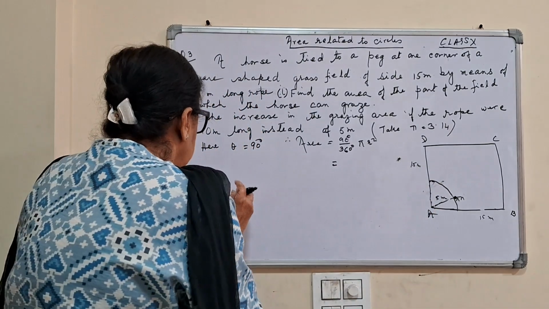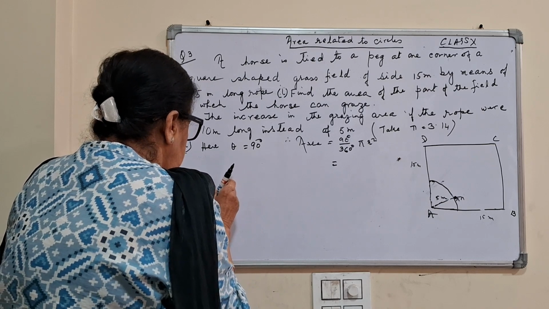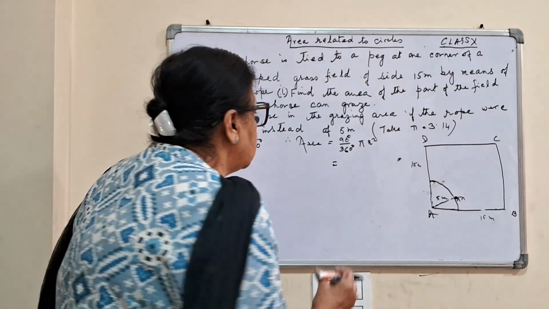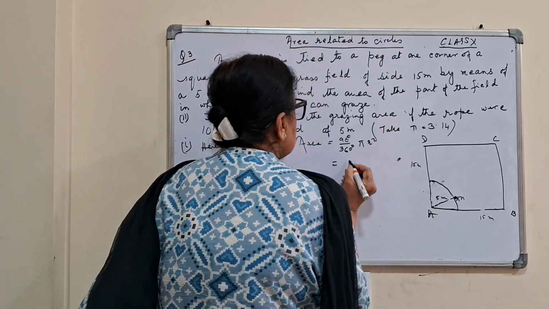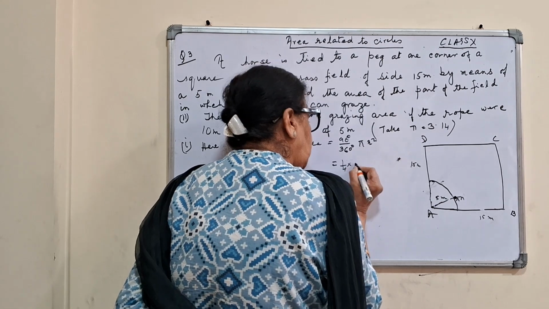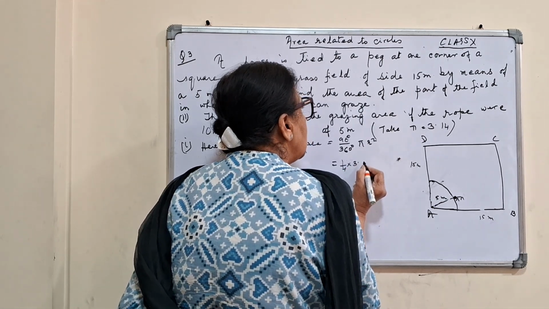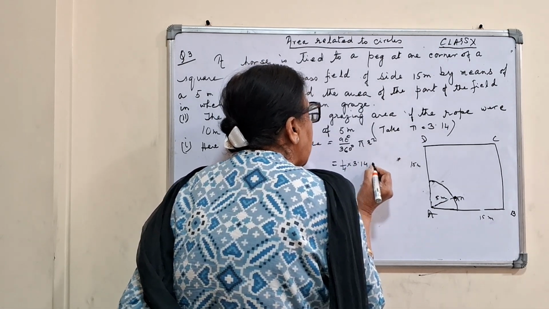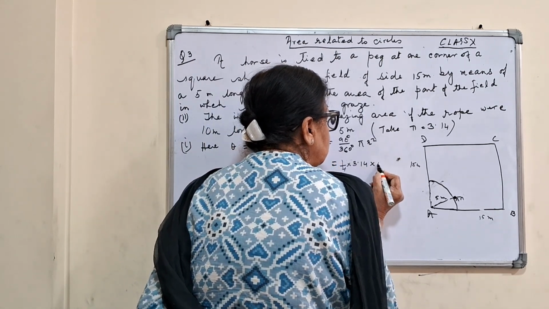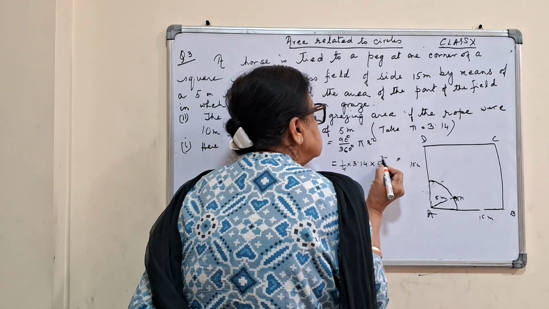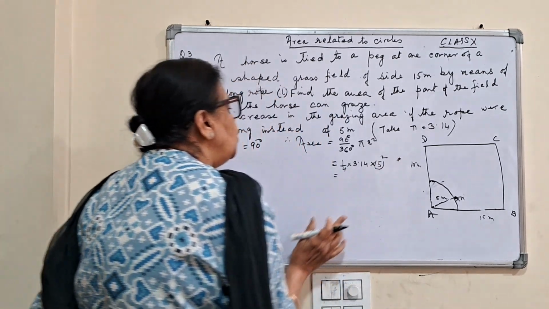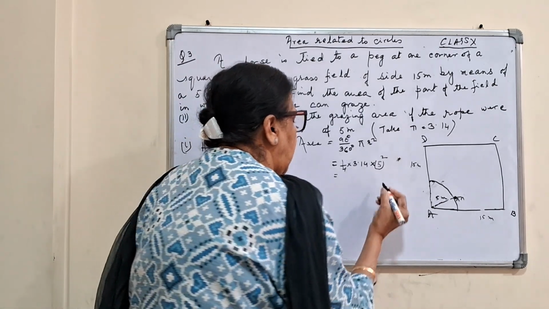We know that this is the arc, so it is pi r square. That is 1 by 4 into 3.14. They have told you take 3.14 into r, what is r? R is 5, into 5 whole square. That is equal to, you calculate and write.